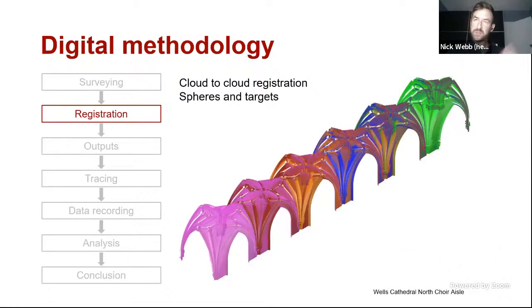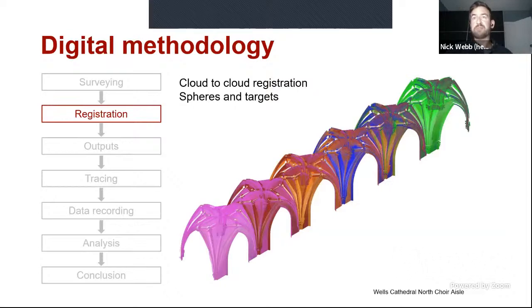So once we've scanned the spaces required, we tend to use, by the way, 1 scan per bay. We find that sufficient for our research. We have to then register that data. So using the software, we use a Faro scanner, and the proprietary software, which is called Faro Scene. The scanner software has got that good now that it just does cloud-to-cloud registration.